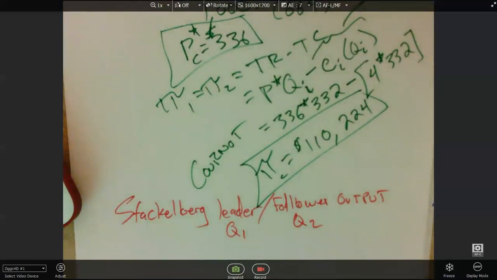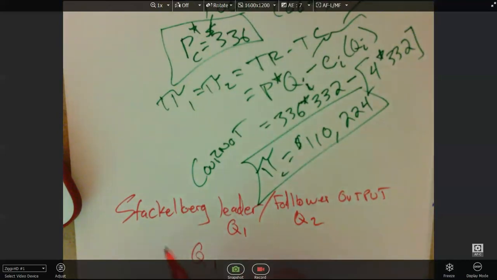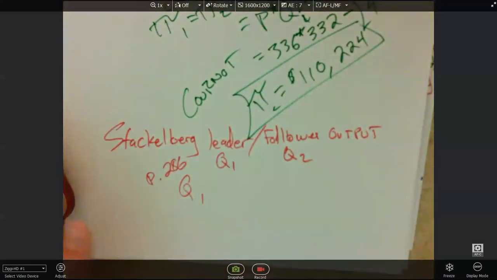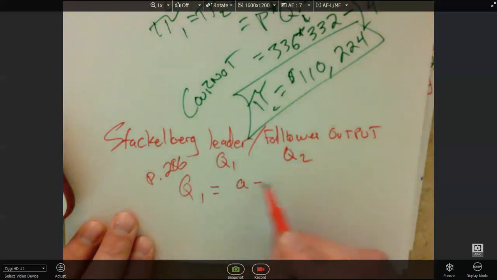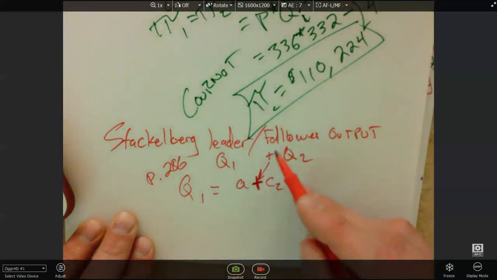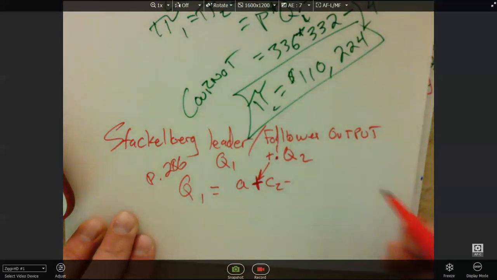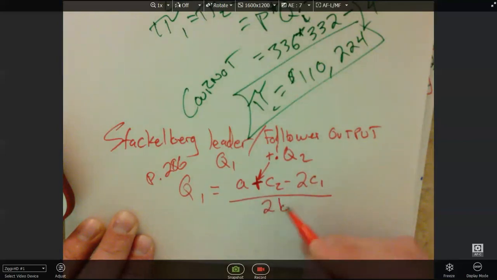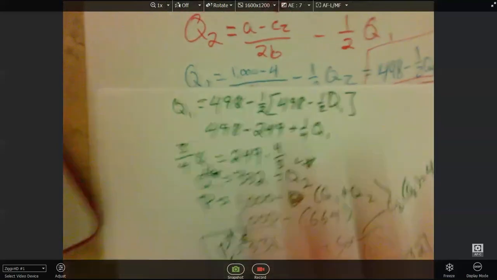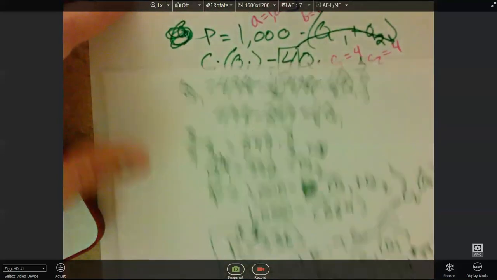We know there is a handy-dandy equation given to us on page 286. Q1 is equal to (A minus C2 plus C2...) plus A plus C2 minus 2C1, over 2B. And so we go back to our prompt, the information that we were given.